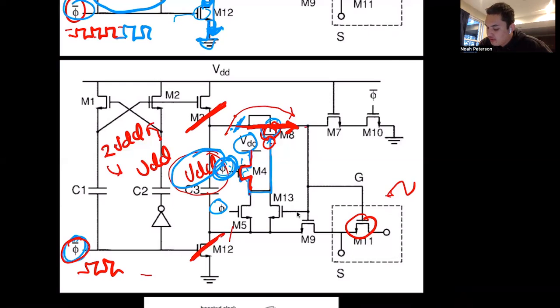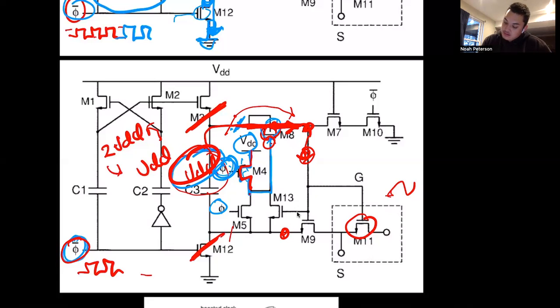So if this VDD is flowing through this part of the circuit, then we have VDD between this point and this point, which is the lowest potential in the circuit.